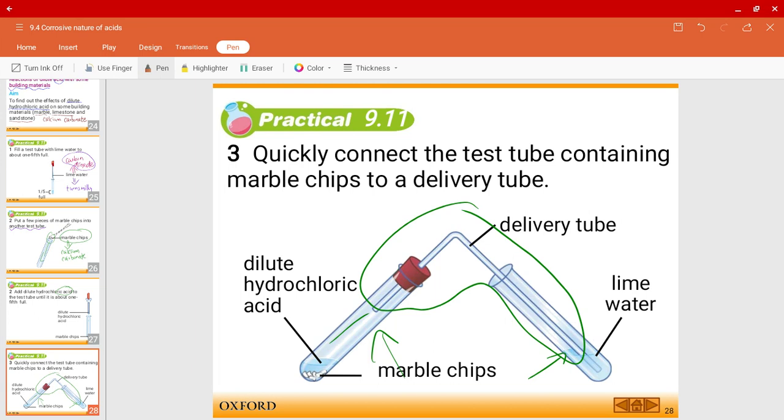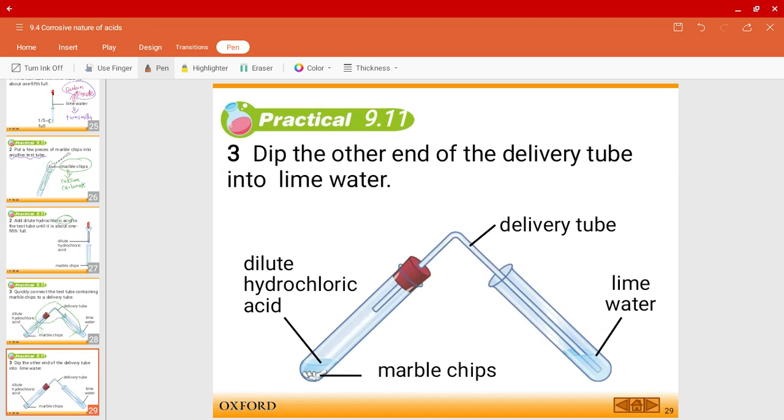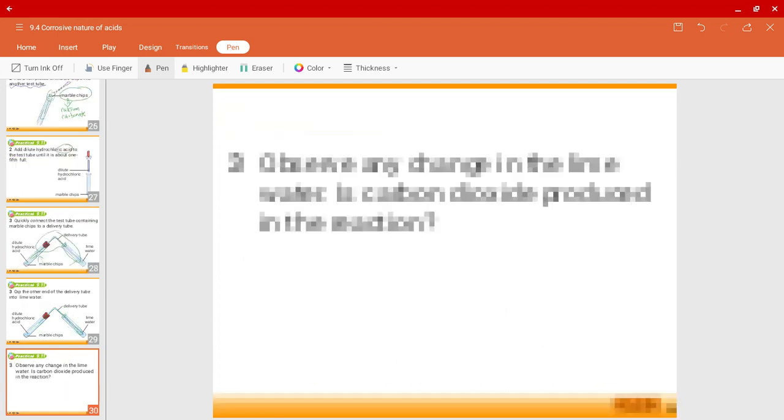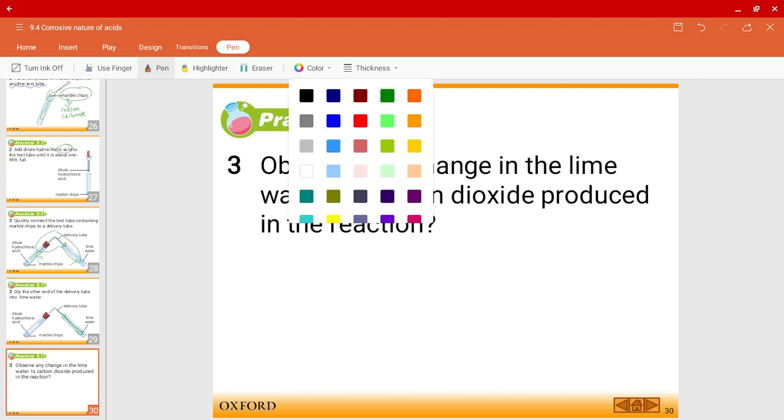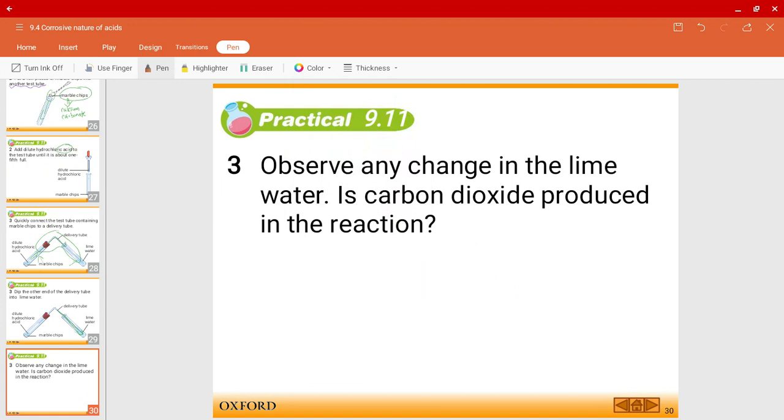What's the delivery tube for? When any gas is given off, in this case carbon dioxide gas, it will pass through the delivery tube to the other test tube. We need to make sure that the delivery tube goes all the way inside the lime water. We do not want any gap. Afterwards, our job is to see whether there is any change in the lime water.